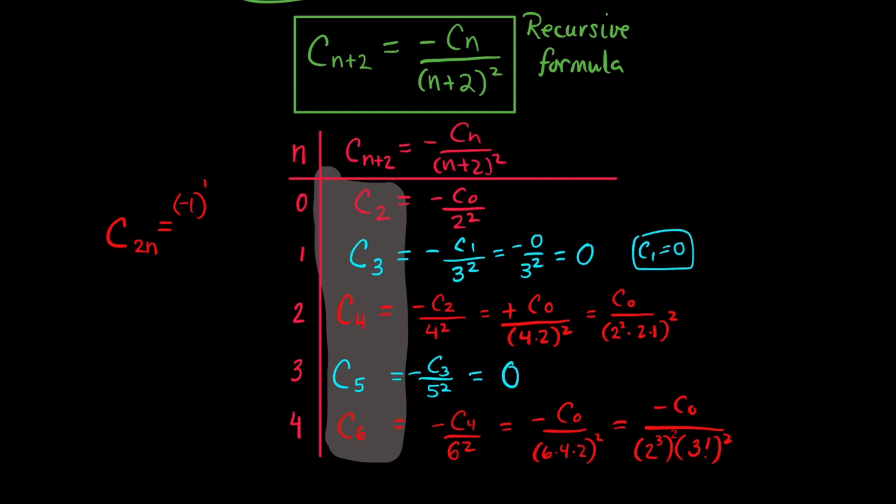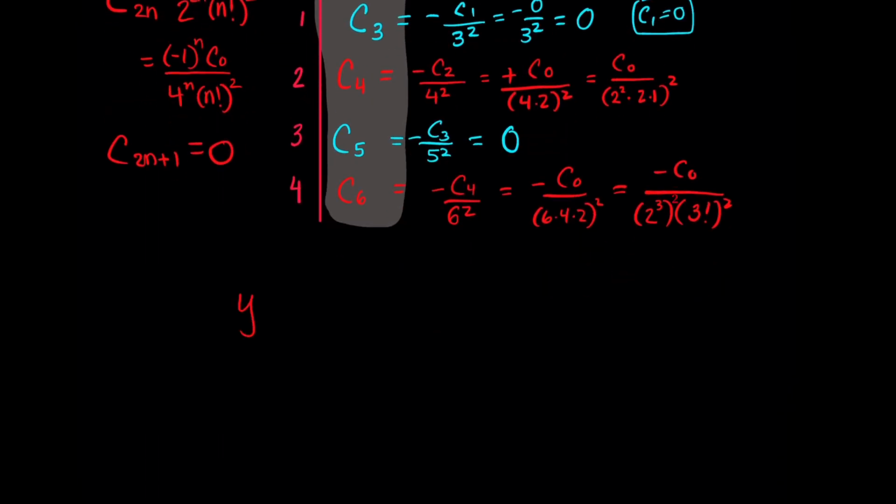Alright, so in general, the even terms will have an alternating sign of negative and positive 1, so we have negative 1 to the nth power multiplied by the coefficient c0 over 2 to the 2n power times n factorial squared, or in the denominator we could write that as 4 to the nth power instead of 2 to the 2nth power.